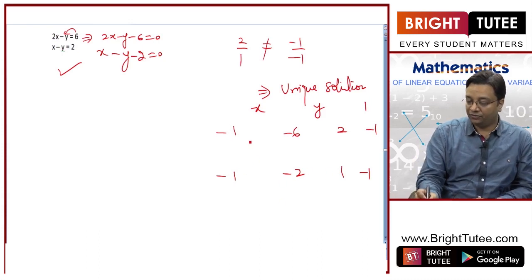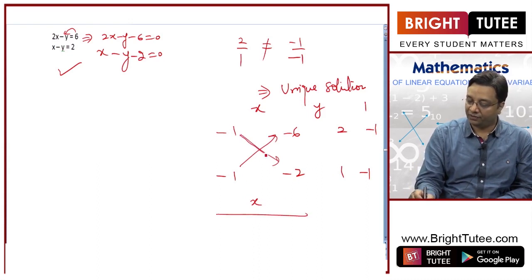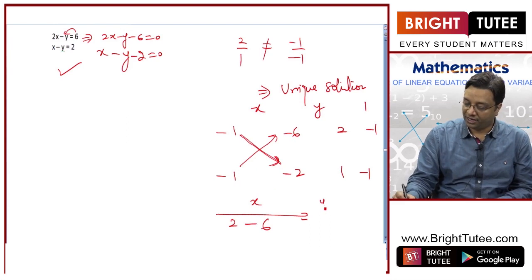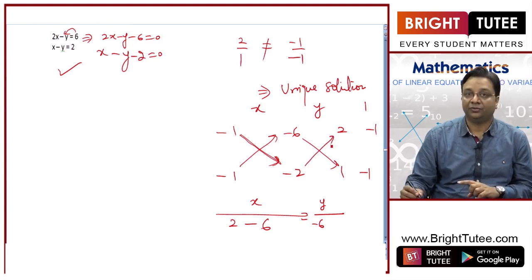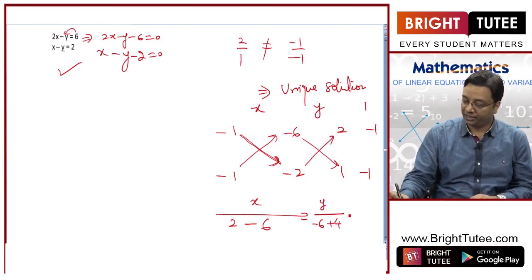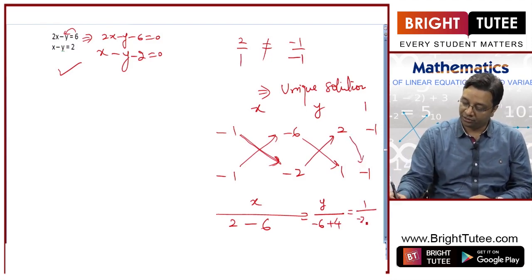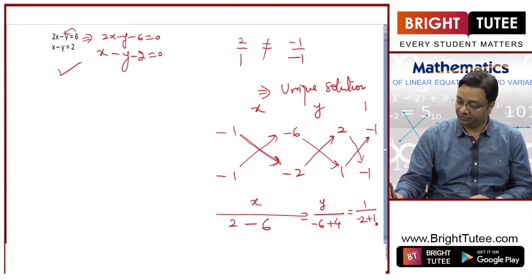So once you have written the coefficients like this, you can write x divided by 1 into minus 1 into minus 2, that is 2, minus 1 into minus 6 is 6, equals y divided by minus 6 into 1, that is minus 6, minus of minus 4, that is plus 4, and it should be equal to 1 divided by 2 into minus 1 is minus 2, and then minus of minus 1, that is plus 1.